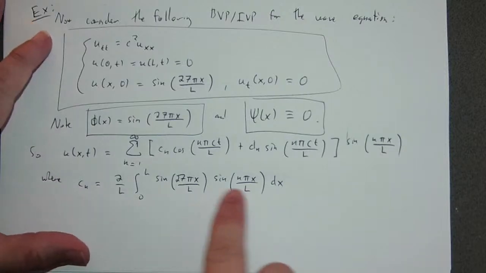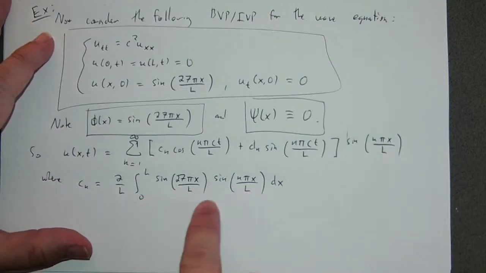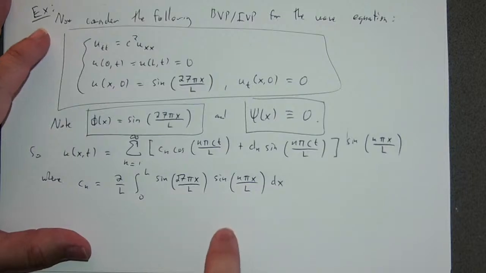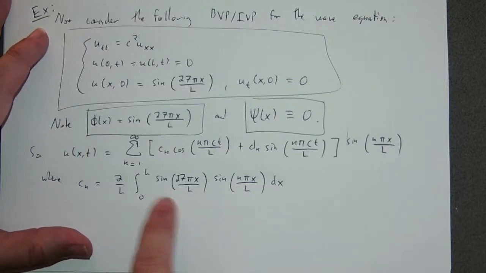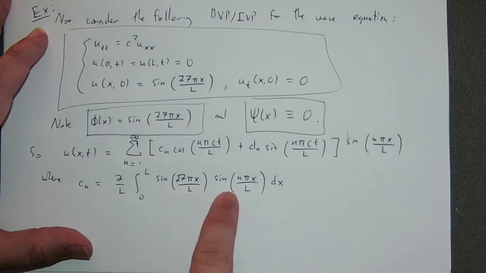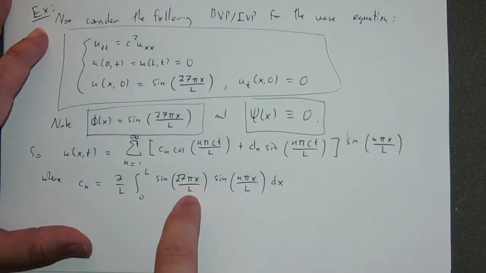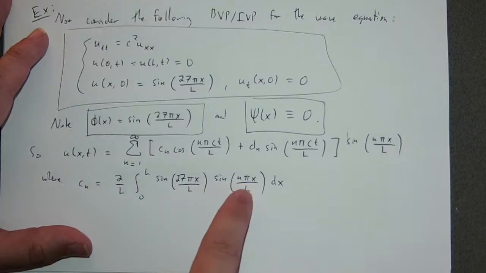But by orthogonality, right? By orthogonality, what do I get here? Sine of 27 pi x over L times sine of n pi x over L, and I'm integrating that from 0 to L.